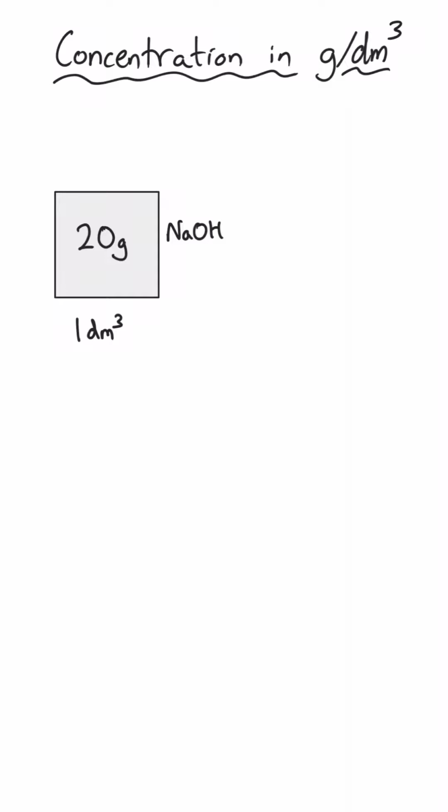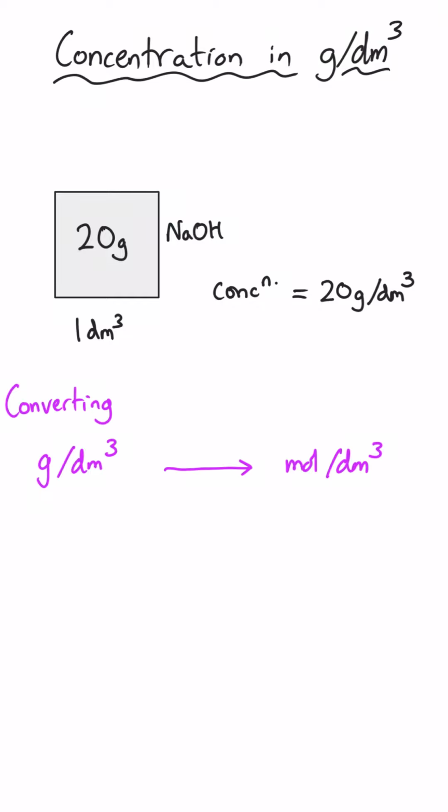If we had 1 cubic decimetre of solution and there was 20 grams of sodium hydroxide dissolved in it, the sodium hydroxide concentration is 20 grams per cubic decimetre. If we wanted to convert concentration in grams per decimetre cubed into moles per decimetre cubed, since we've got the per decimetre cubed still in both cases, what we're really doing is converting grams into moles, or mass into moles.